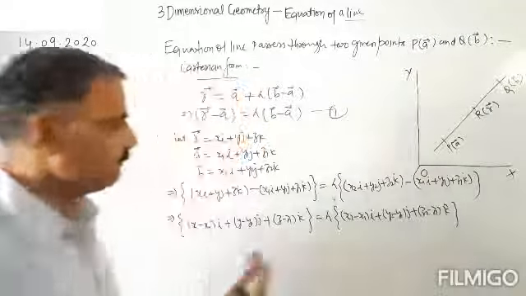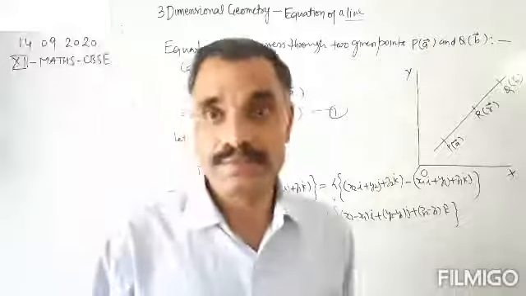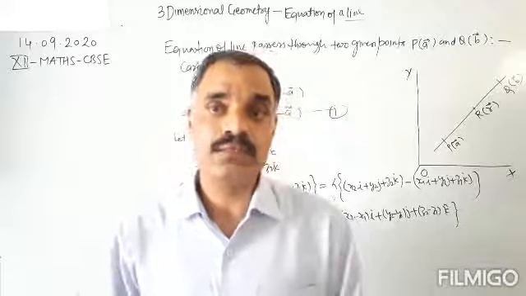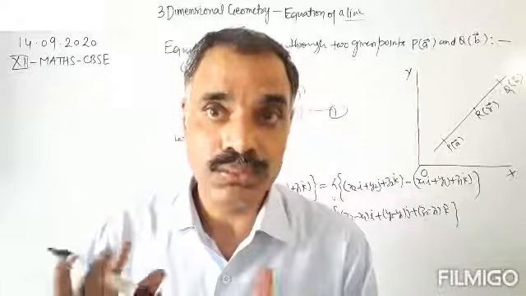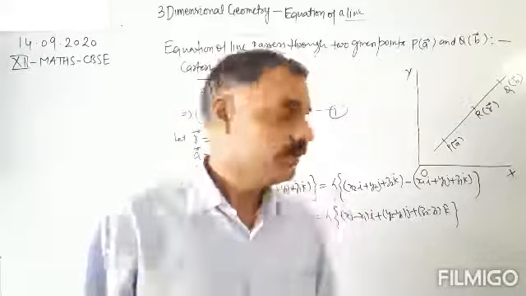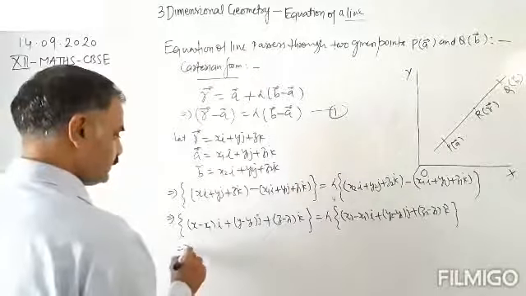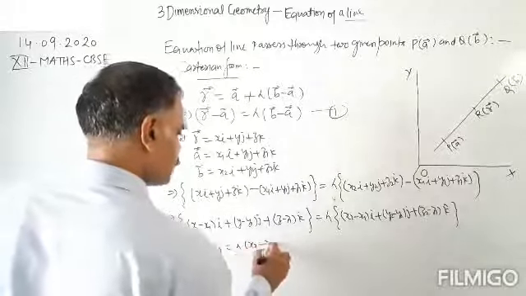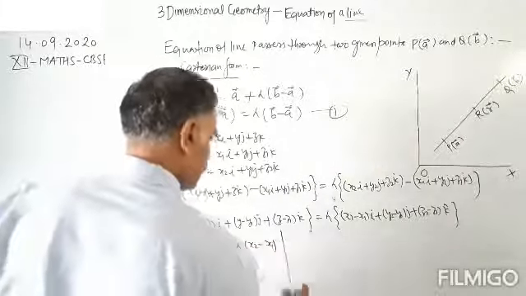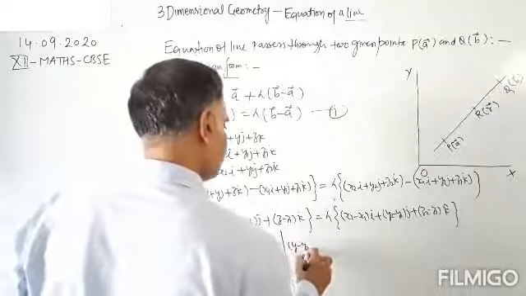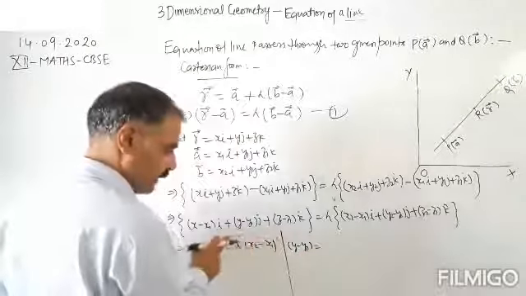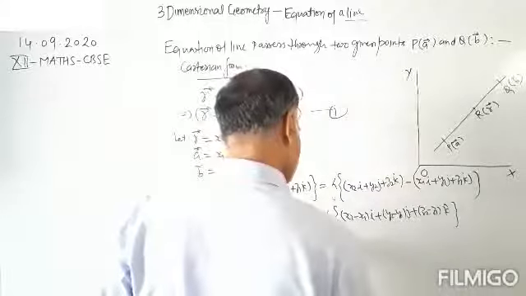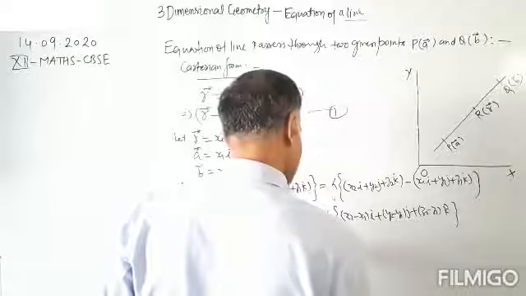Now, comparing both sides means we are equating the two vectors, so we compare corresponding components. x minus x1 equals lambda into x2 minus x1. Then y minus y1, the component of j, equals lambda into y2 minus y1.